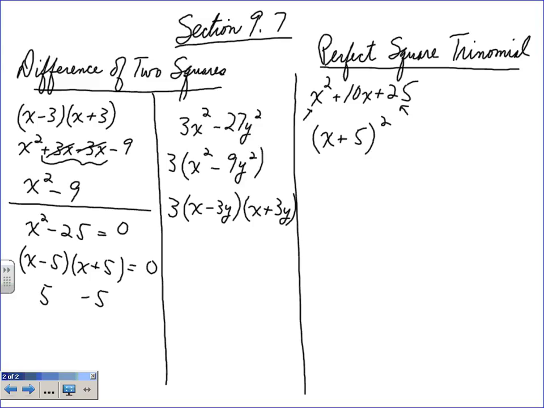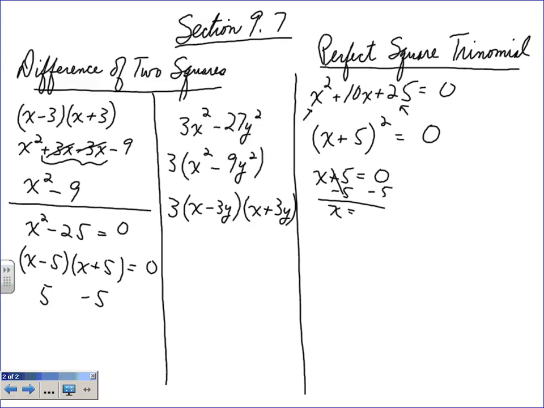Now, if this equals 0, how many answers are we going to have? One answer here. Okay? It's actually called a double. And the answer would be whatever makes this equation equal to 0, and you subtract 5 from each side.